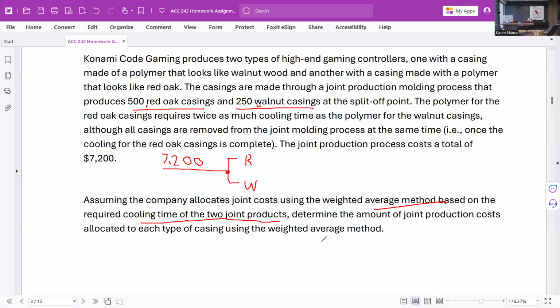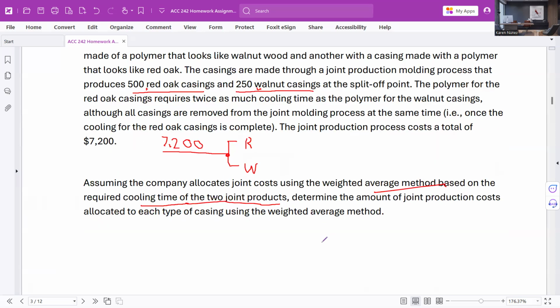And what we know here about the cooling time is that the red oak casings require twice as much cooling time as the walnut casings.